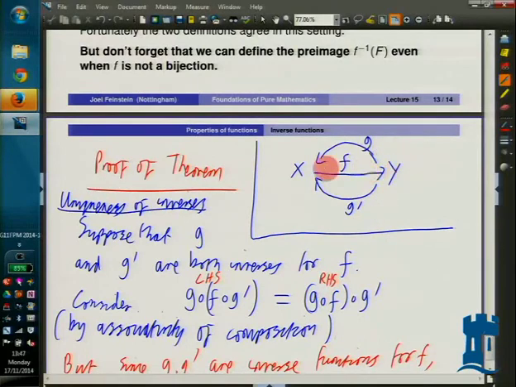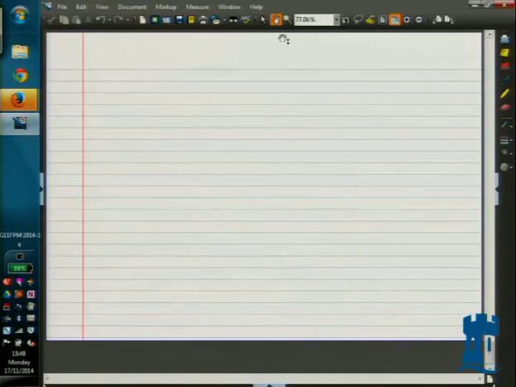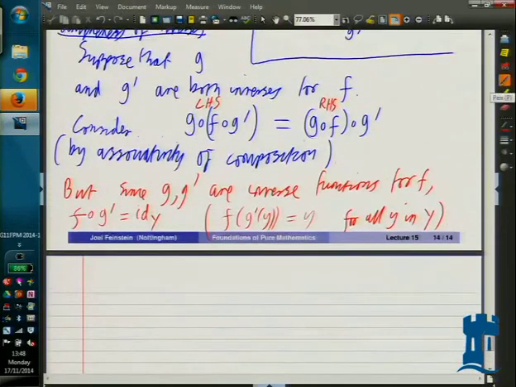G composed with f means you start on X, you do f, and then you do g to come back to X. And that takes you back to where you started in X. So g composed with f is the identity map on X. Similarly, g composed with f is equal to the identity map on X.